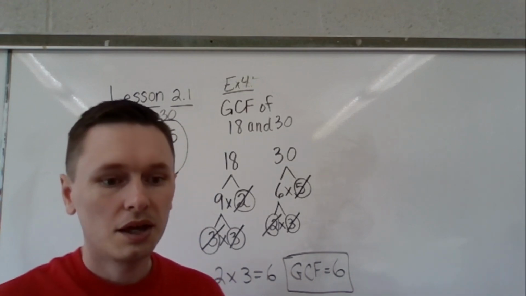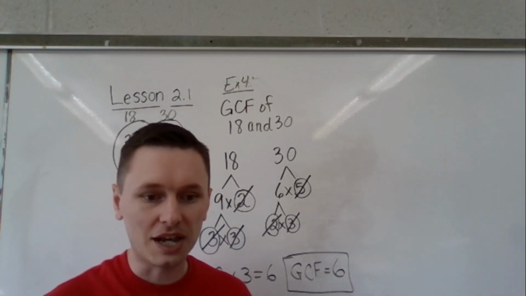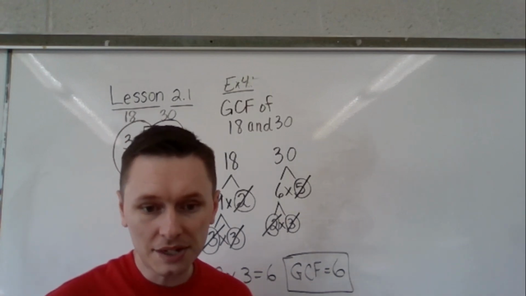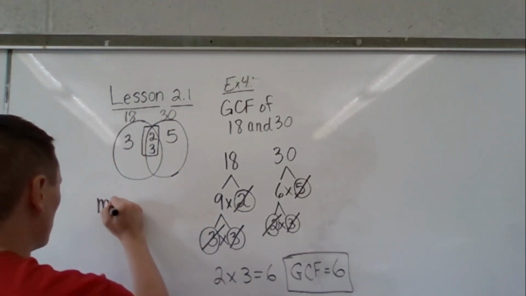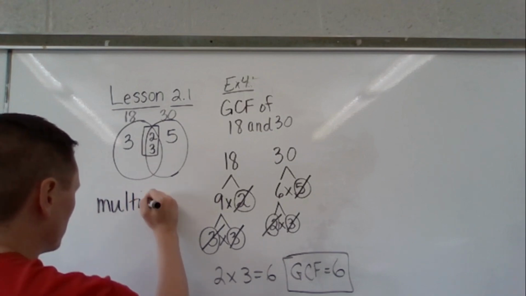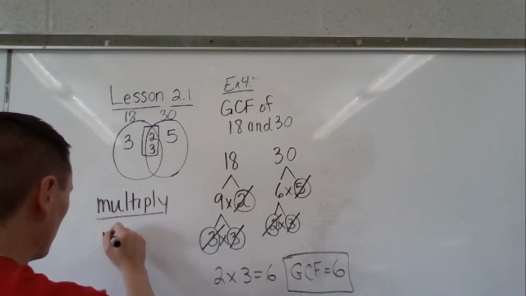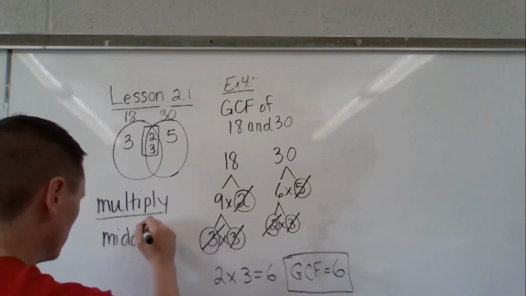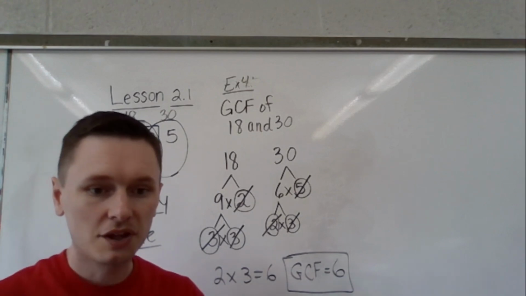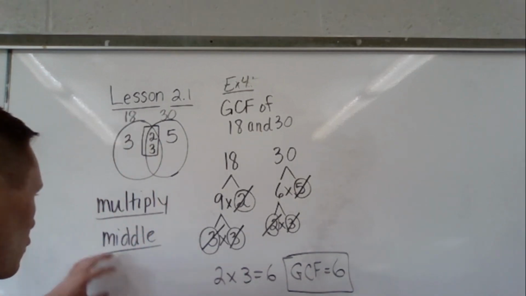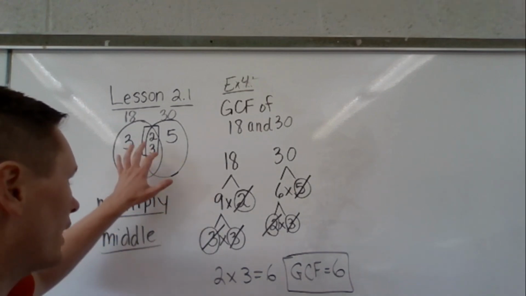Now on your guided notes, it says prime numbers that are the same on both sides, you multiply the numbers in the middle, and that becomes your GCF. So that's just the words that I used to describe what I did up here.